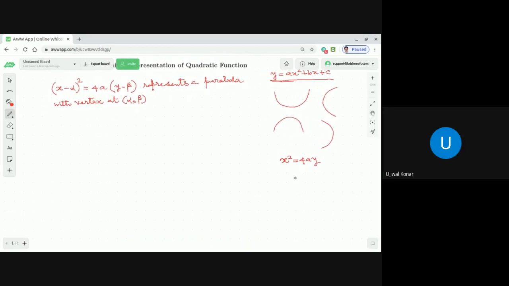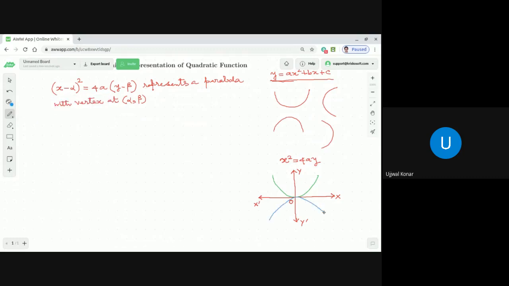So let me show you how that x square equal to 4ay looks like. So this is our x coordinate, positive direction. This is the x dash. This is y. This is y dash. And this is the origin. Now I want to use a different color to draw it. X square equal to 4ay either looks like this or it can look like this.